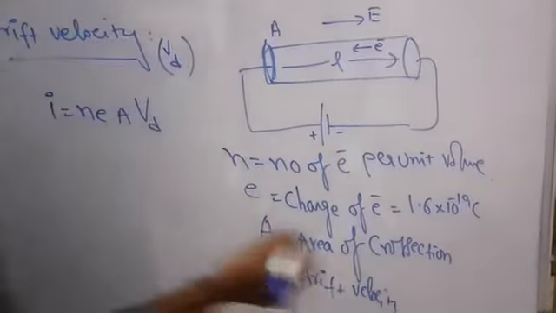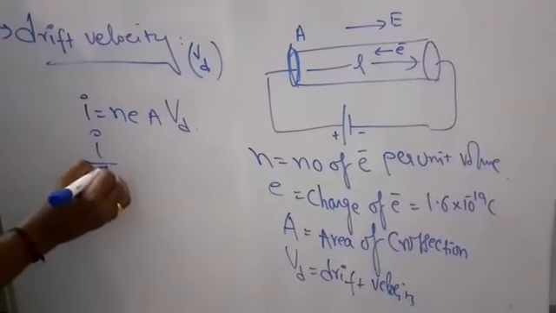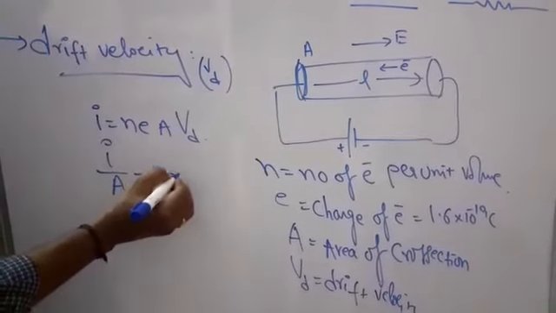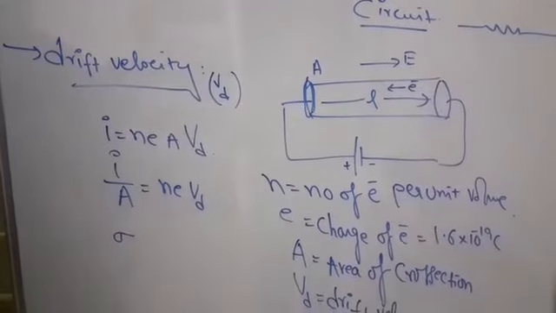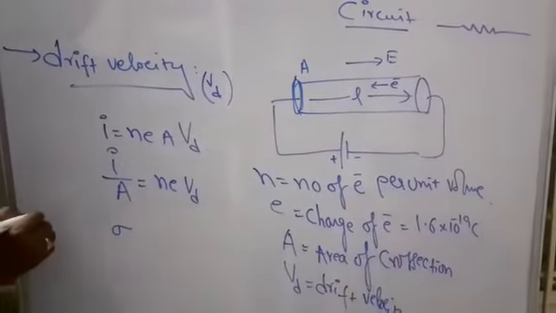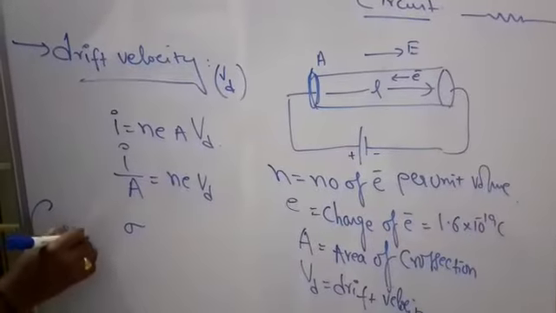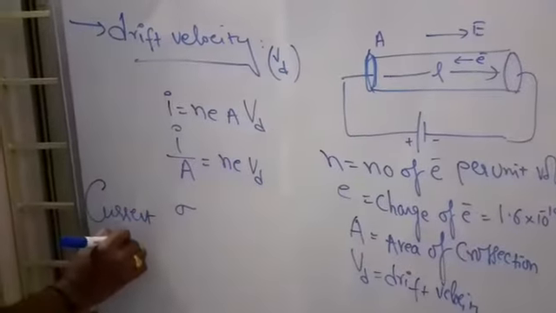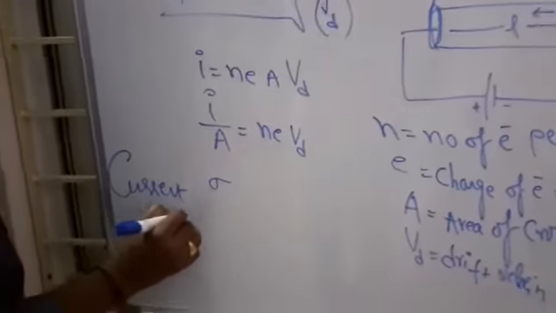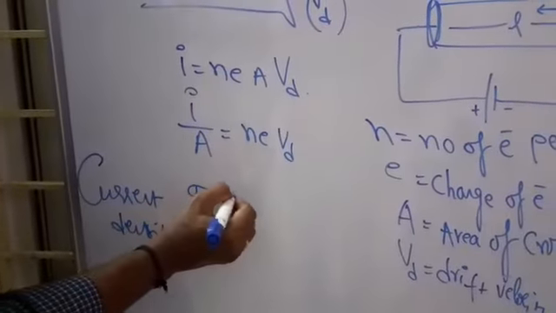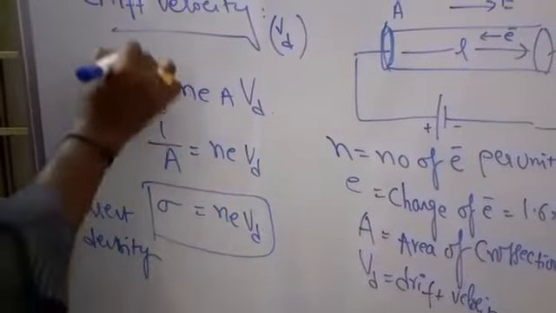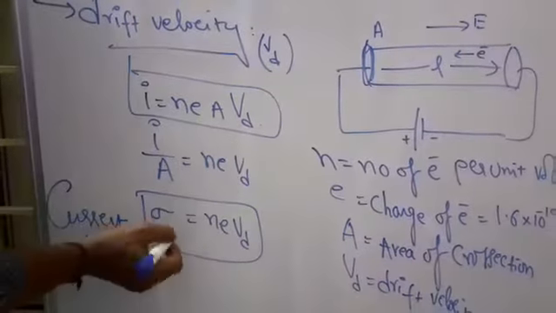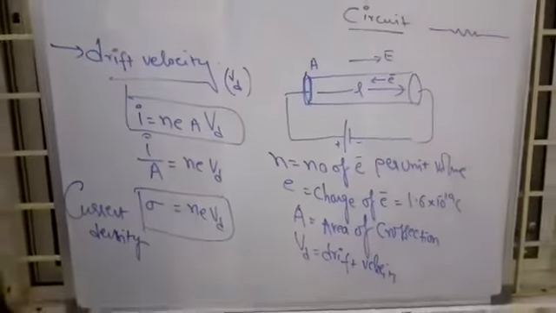Current per unit area is called current density, which is N E into Vd. So this is the drift velocity formula and the current density formula.